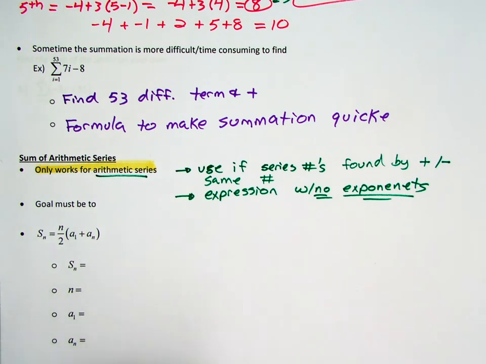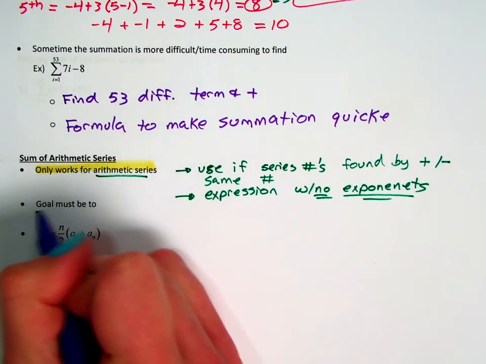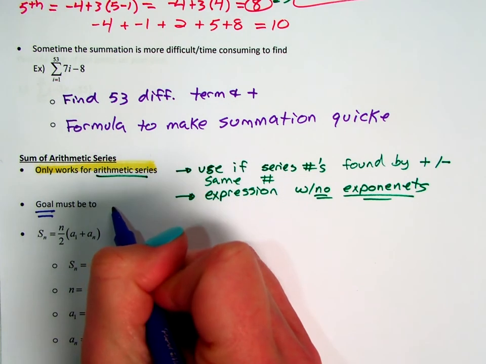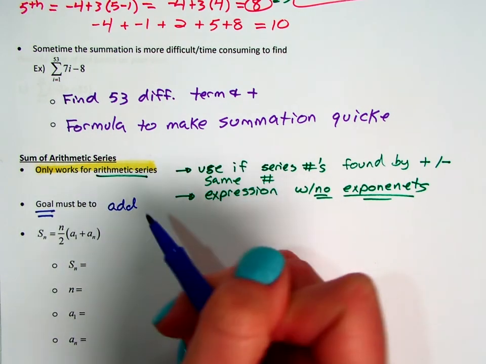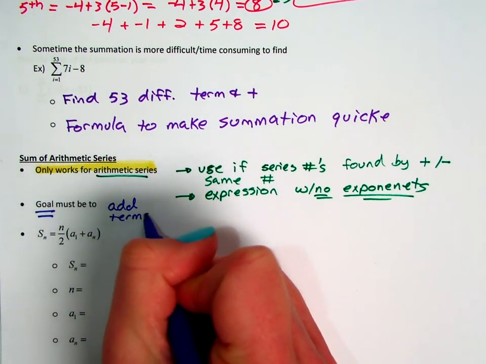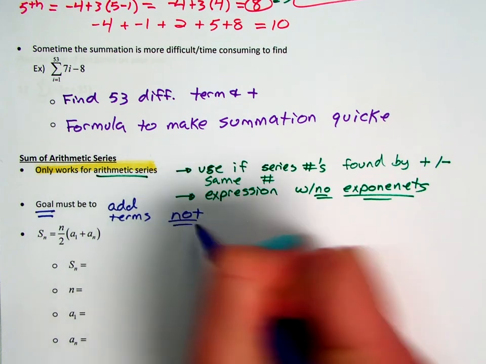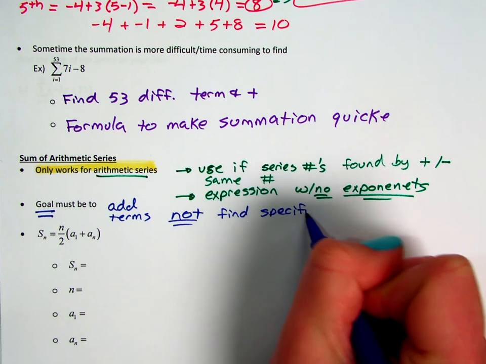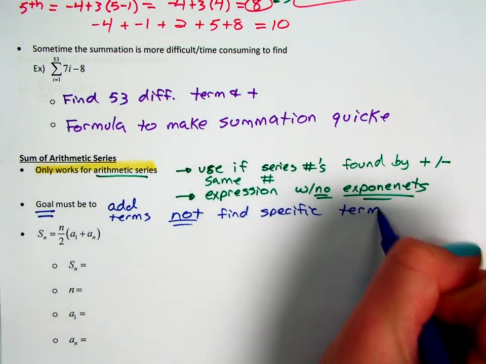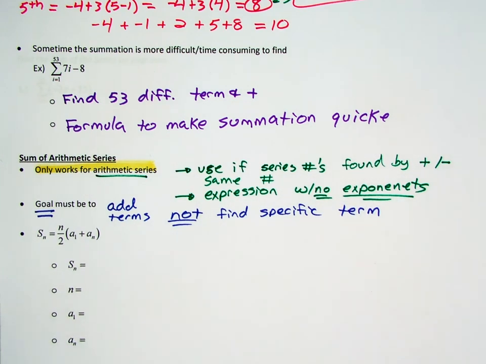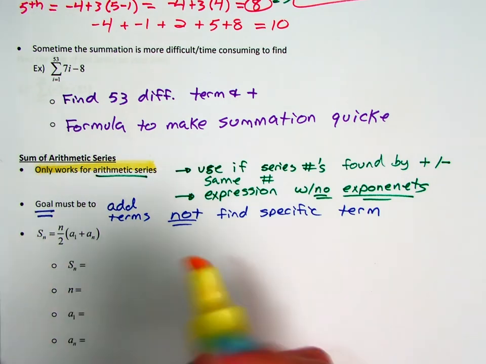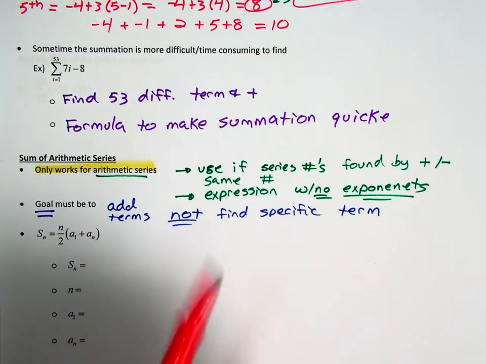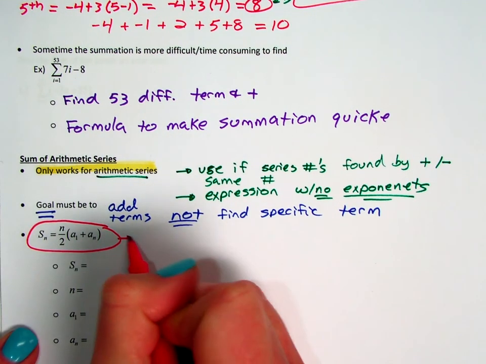So if I'm going to use the formula that we're about to learn, the goal has to be to add the terms, not find the individual term or specific term. If we're trying to find a specific term, we do the one from yesterday, which was a sub n equals a sub 1 plus n minus 1 times d, right? But if we're trying to find the summation, then this is the formula for finding the summation.